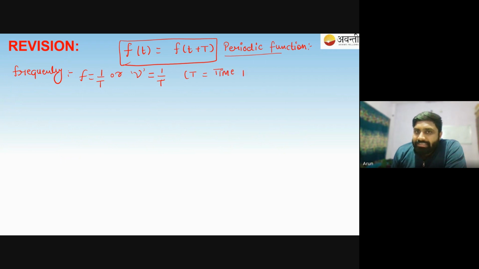And time period is that minimum time after which motion gets repeated. So that time is termed as the time period of the oscillation or periodic motion.